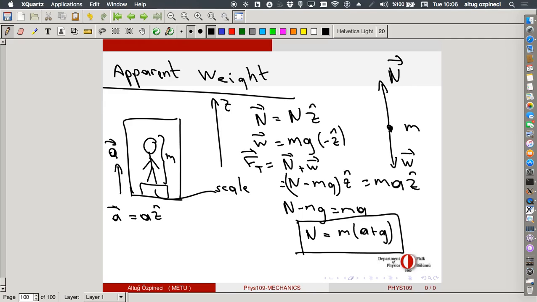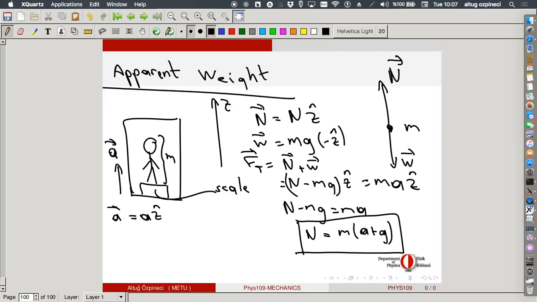Now, what if the elevator is accelerating downward? You just take the minus sign of a. Well, you see, we don't have to do anything, in fact. If a is positive, it just means that the elevator is accelerating upward. If a is negative, the elevator is accelerating downward.